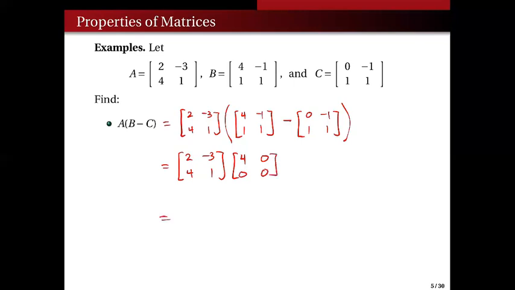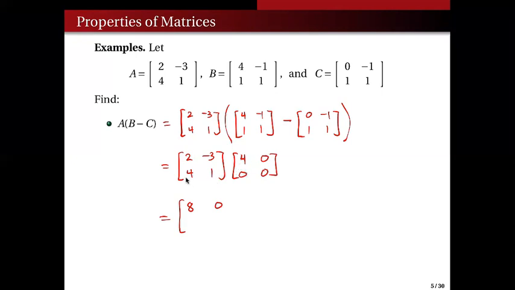So if we multiply this, we will get, first row, first column, 2 times 4, let me write it as 8, plus negative 3 times 0. So that's 0, so we'll just have 8. And then first row, second column, we have 2 times 0 plus negative 3 times 0, so that's just 0 here.